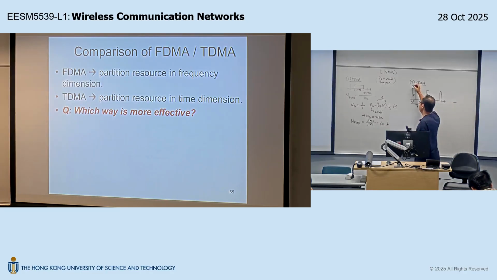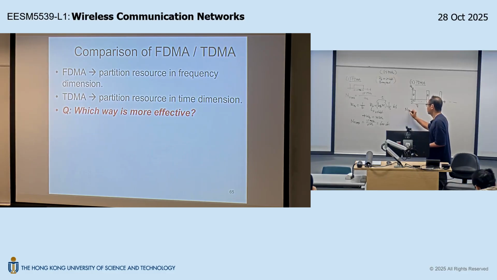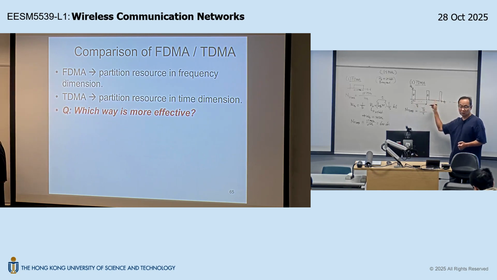And this is the bit rate. So let's take a closer look at this diagram. The number of time slots that can be partitioned using TDMA is simply given by the time resource, the time we have for 1 frame, divided by the time slot duration, tau. So this ratio gives me the total number of time slots I can partition out of a frame, right?